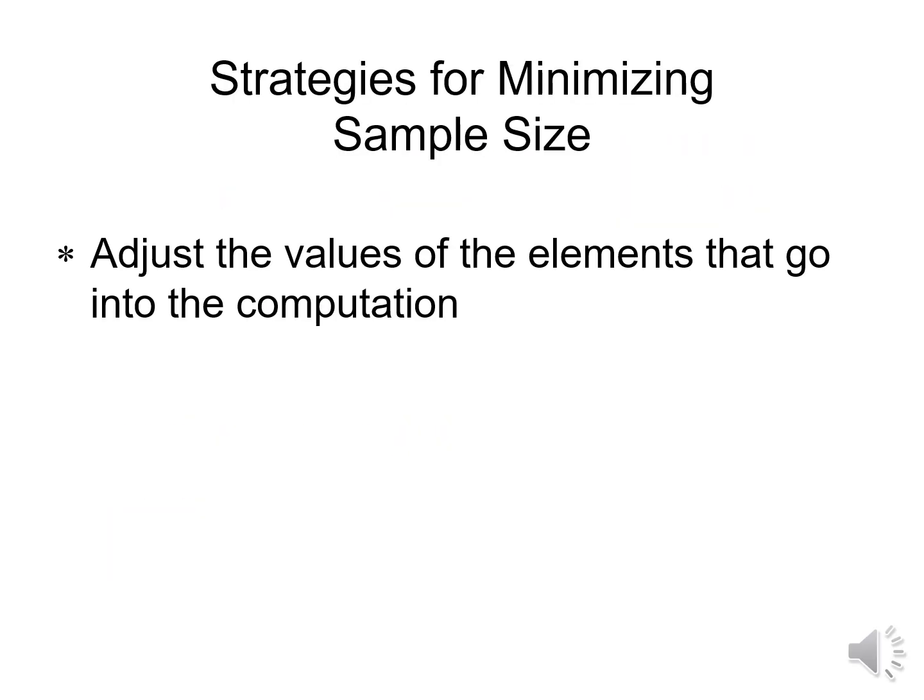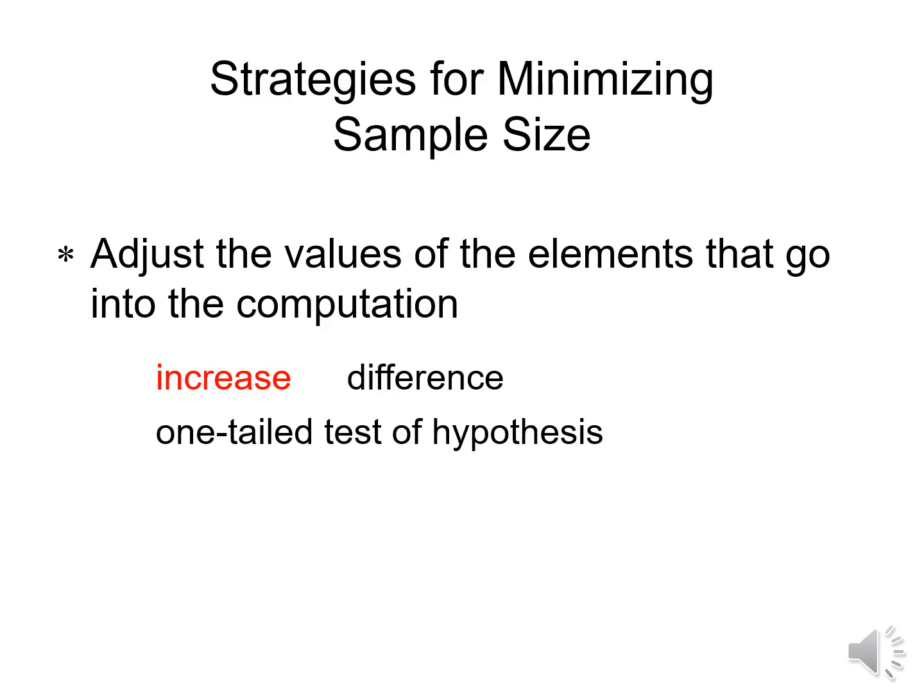To minimize the sample size, one can adjust the values of the elements that go into the computation by increasing the difference between group means or group proportions in the denominator, by using a one-tailed test of hypothesis, or by decreasing the confidence coefficient from 0.99 to 0.95 to 0.90.